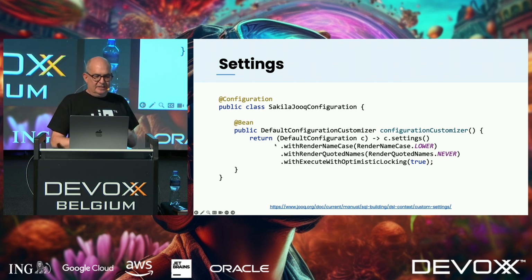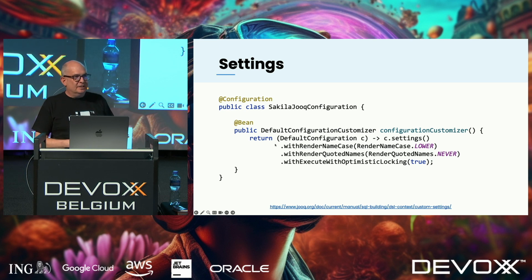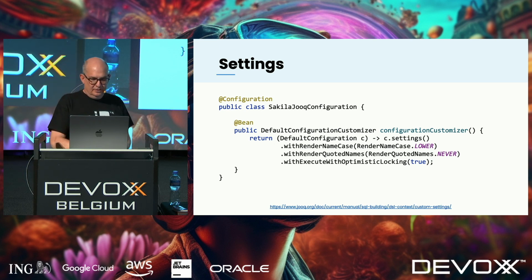Because this is the new way to do that, they introduced it with Spring Boot 3, I would say. Before, you would do that differently, but now it's like that. And here we can use the settings of this DefaultConfigurationCustomizer from jOOQ. Then, for example, we could say that we don't want to render names in cases.